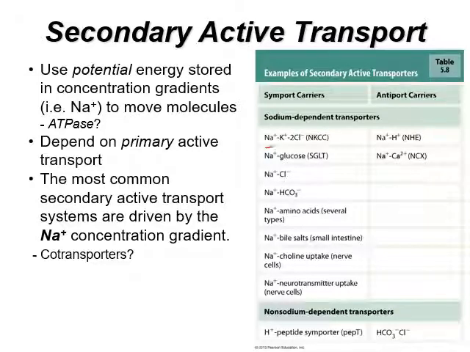So in this case, sodium will go down its concentration gradient and help move these other molecules up their concentration gradient. Okay, we'll see sodium glucose, SGLT, sodium glucose. These are all secondary active transport because we're not using ATP directly, we're using the sodium gradient to move the molecule from low to high.